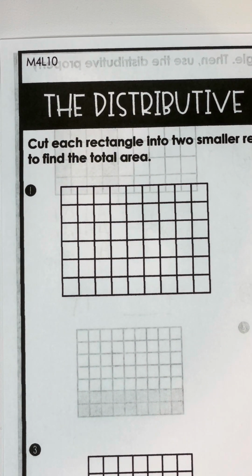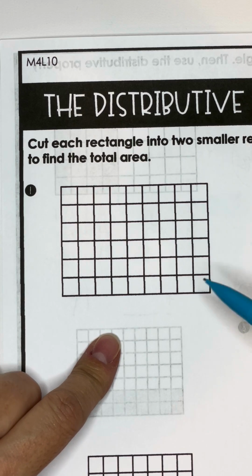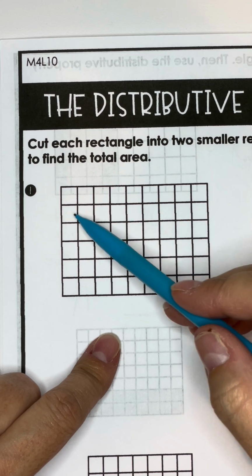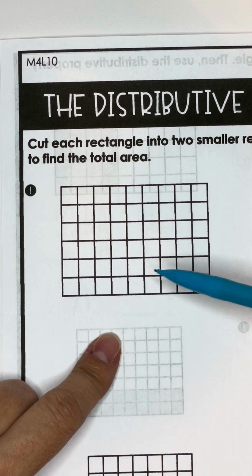All right. You should have finished the other side, and now you're ready to move on. These are not broken yet. Now we could count all of these squares. Remember how I made you number in each square? Oh, so many. But we're not going to do that.